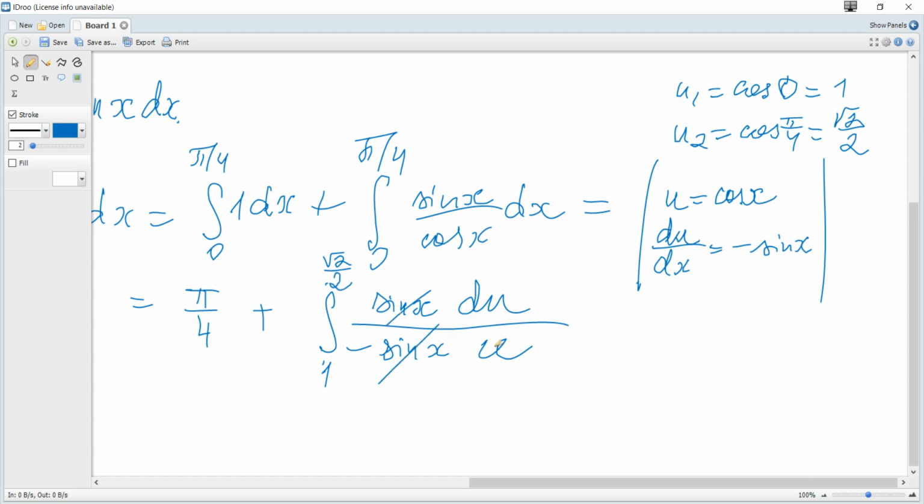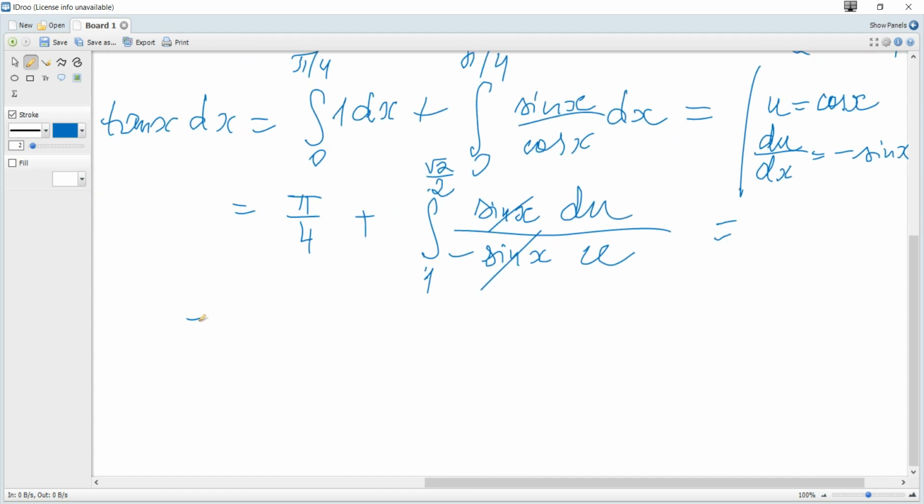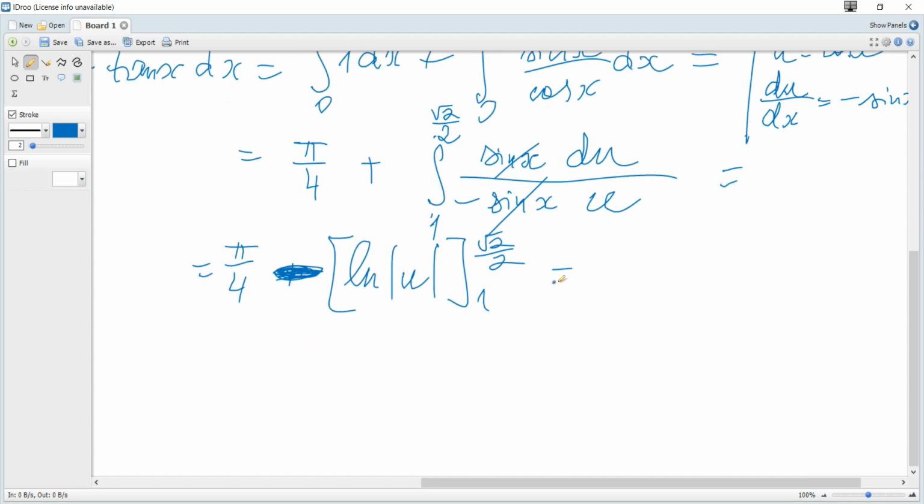You can see sine cancels, and it becomes pi over 4 plus, what is the integral of du over u? It's ln of the absolute value of u, with the minus in front, and limits from 1 to root 2 over 2. To avoid mistakes, you may change limits, and hence it becomes plus here.